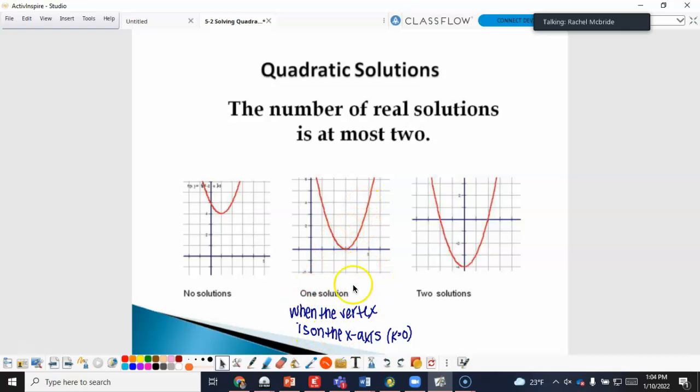That is where the vertex is on the x-axis. This is also known as a repeated root. Or we can have two solutions. So quadratic equations can have one, two, or no solution.